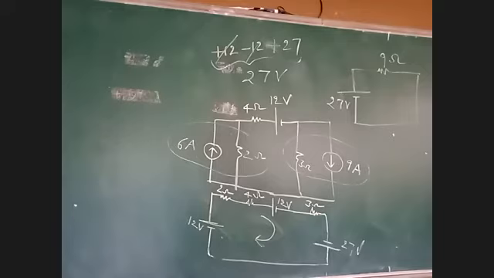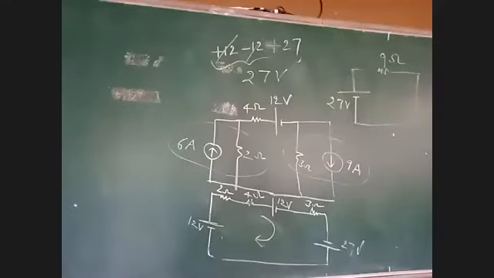Sir, while calculating that 12 volt, why did we take only one resistance? In the problem, he is asking to simplify the network. In the first simplified diagram, what do you want?